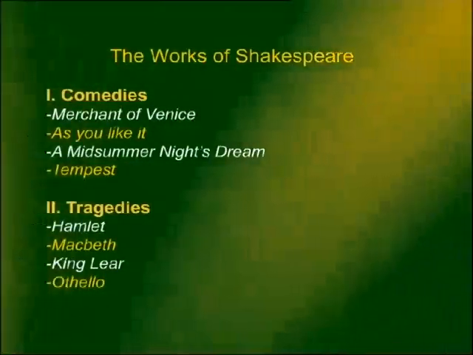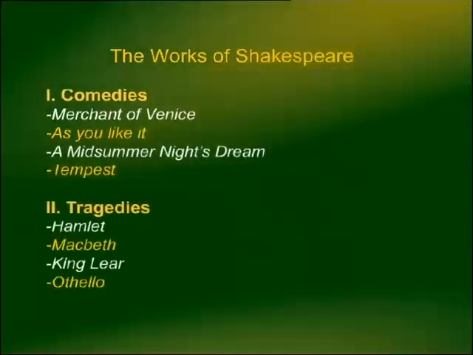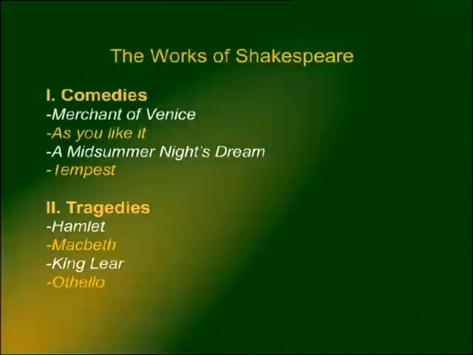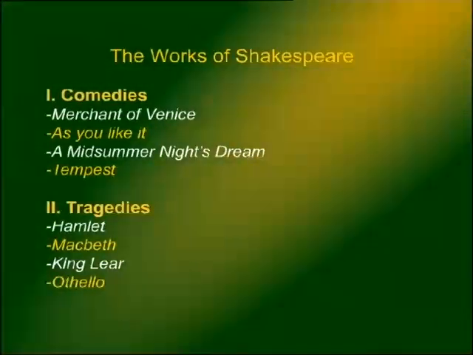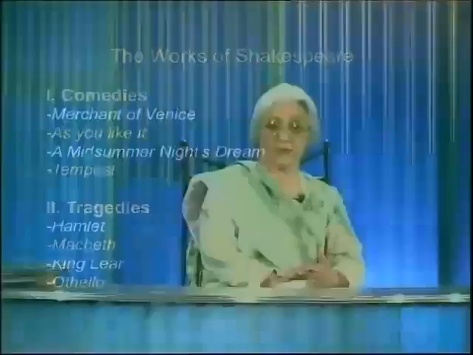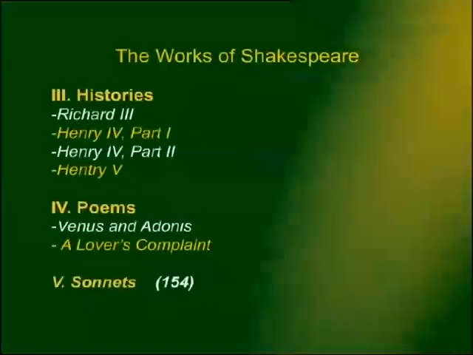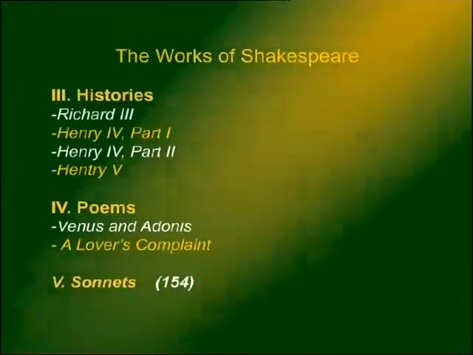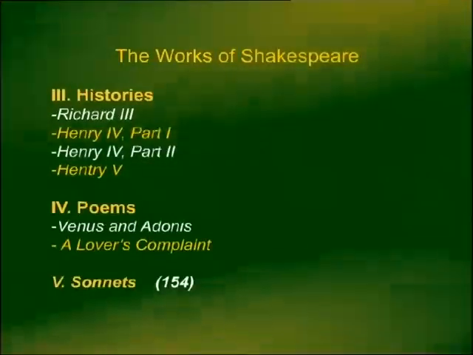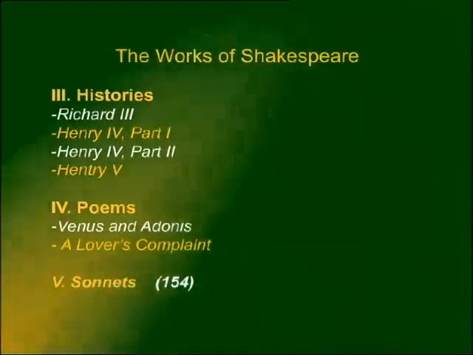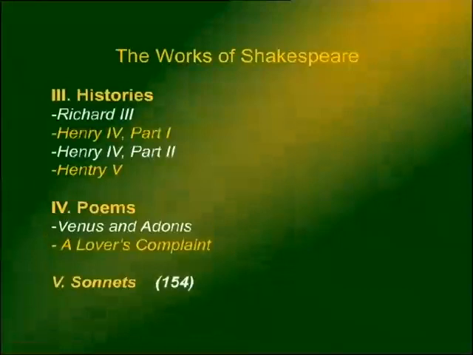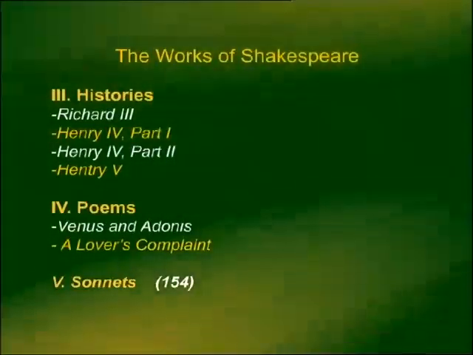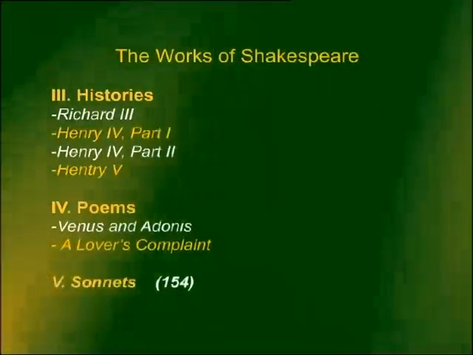Then you have a second category, the category of tragedies, and you can have Hamlet, Macbeth, King Lear, Othello. These can come under tragedies. Then you've got his history plays, and among the history plays you've got plays like Richard III, Henry IV Part 1, Henry IV Part 2, and you've got Henry V. So you've got 3 categories of plays.